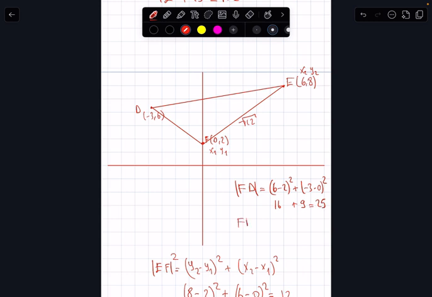And FD, again, I forgot to put the square, is 25, so it's gonna be 5. Here is 5, and ED is your homework, okay? I'm not gonna do it, I'm just passing it.